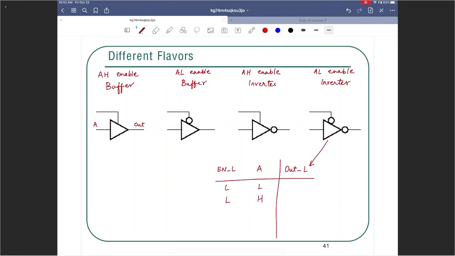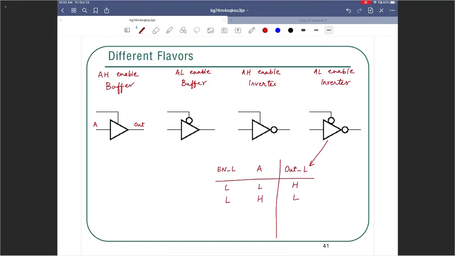And when A is low or high, you see it is enabled here, so it's going to invert high and low. That's when the tri-state inverter is enabled.